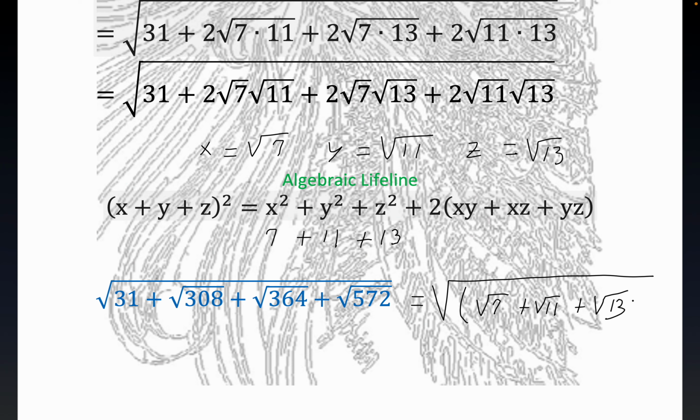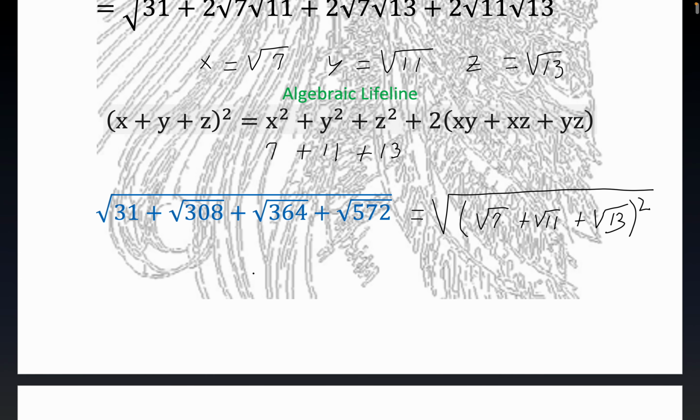And that's always good news, because squaring and square rooting are inverse operations. So the final answer will just be the square root of 7 plus the square root of 11 plus the square root of 13.